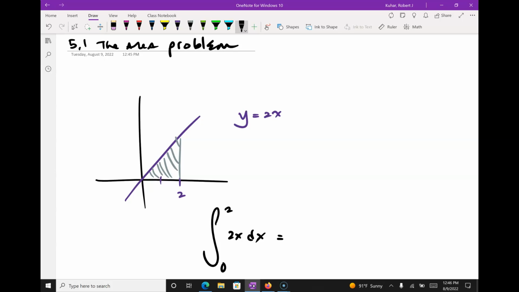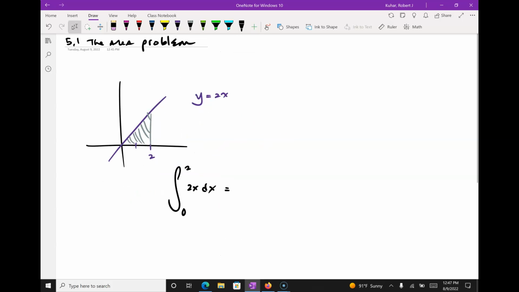Well, this is a power rule, so we can do this one right away, right? What's the antiderivative of 2x? Yeah, x squared. So I'm going to add 1 to my power, divide by my new power, and evaluate at 2 and then at 0 and subtract.